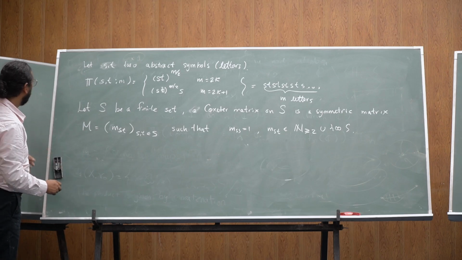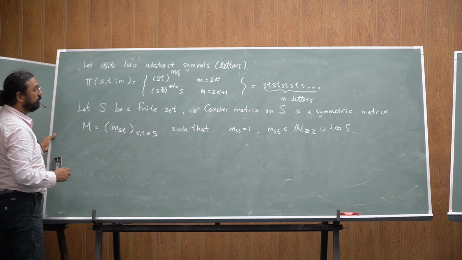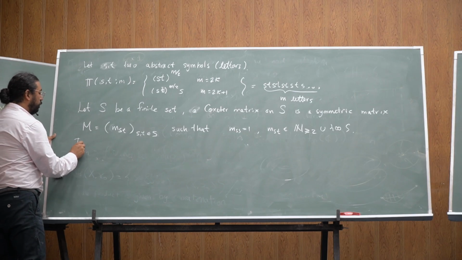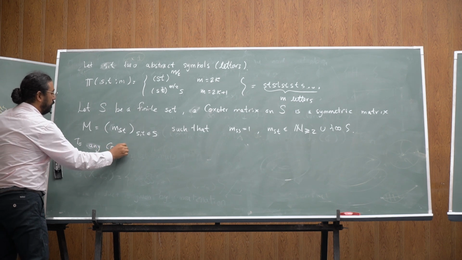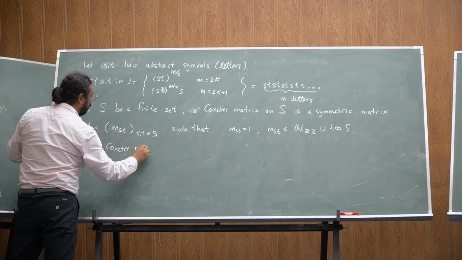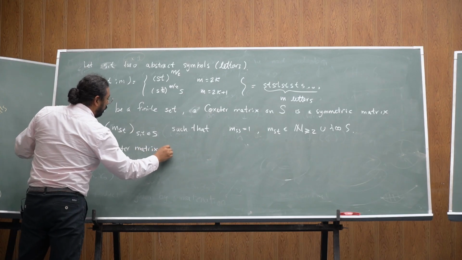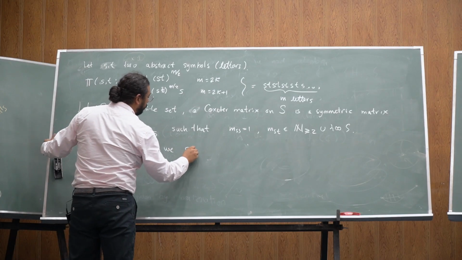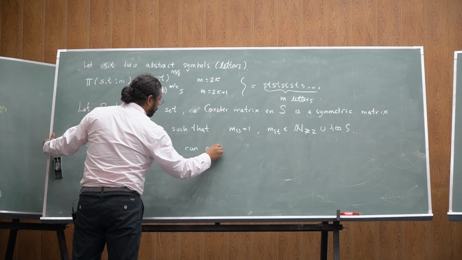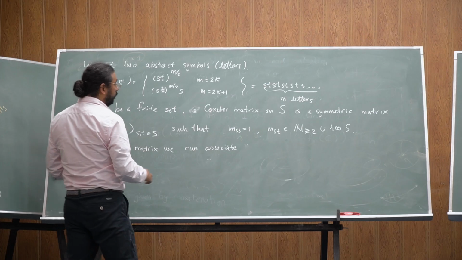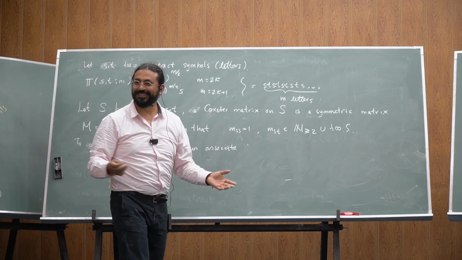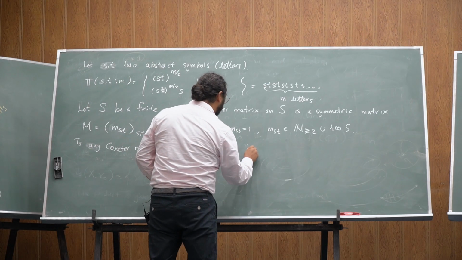So to any Coxeter matrix, we can associate what is called a Coxeter graph.